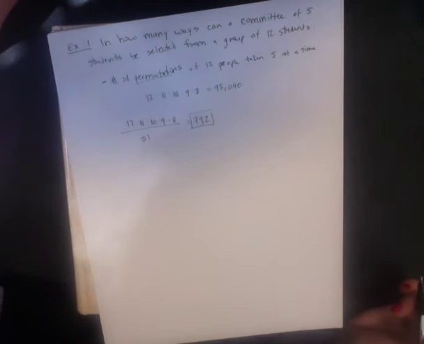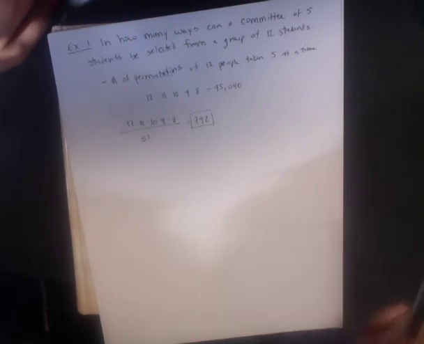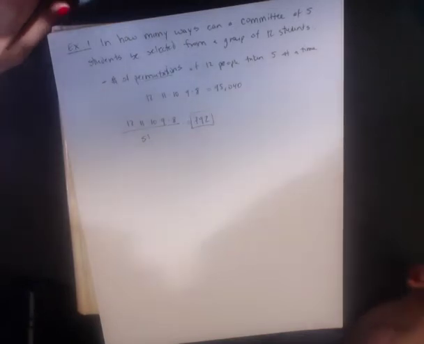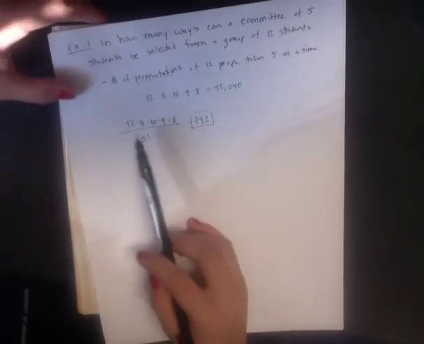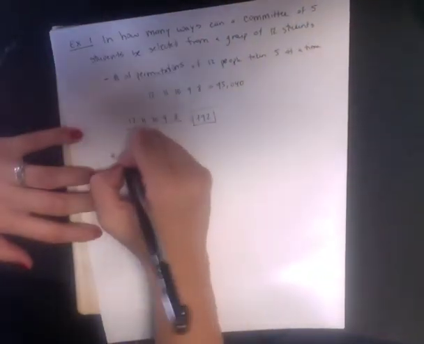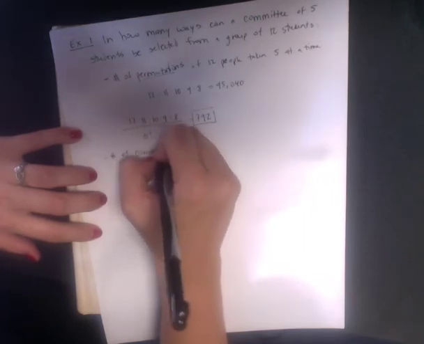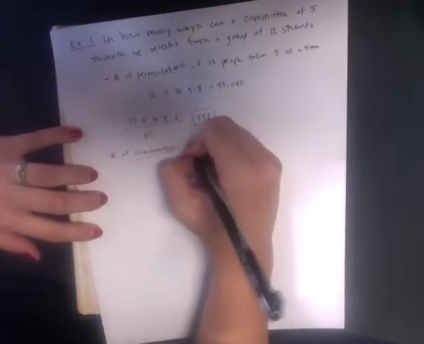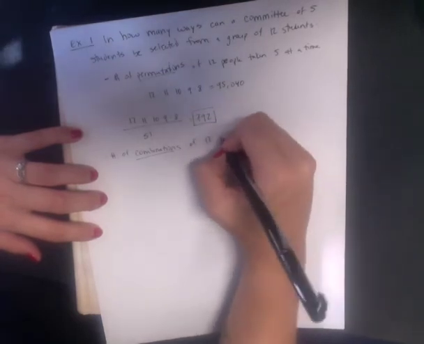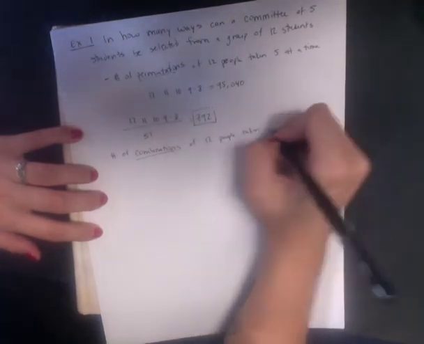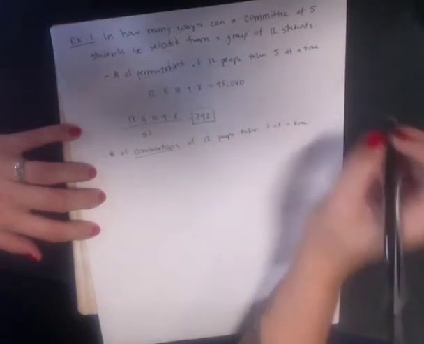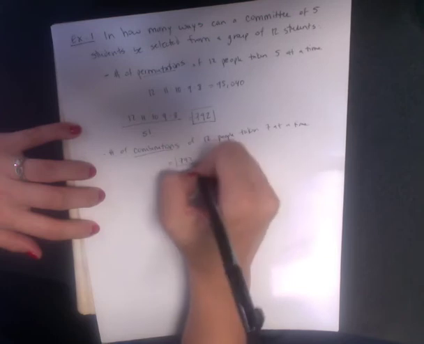Now, what we're doing, okay, is that we have an unordered set of 5. We leave behind an ordered set of 7. Thus, the number of combinations of 12 things taken 7 at a time is also 792, right? If we did a combination, the number of combinations of 12 people taken 7 at a time also equals 792.